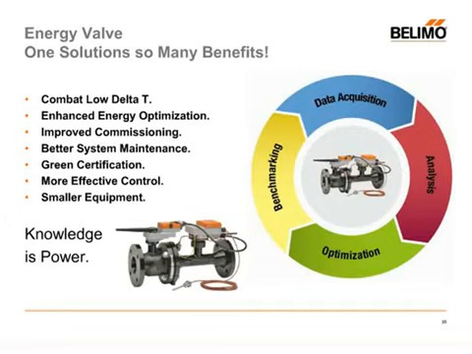Continuing along with those benefits that come with the valve, this is truly a tool for correcting low delta T in chilled water systems. I look upon this valve as like the next generation chilled water valve. It obsoletes all prior chilled water valves because of what this valve capability is.